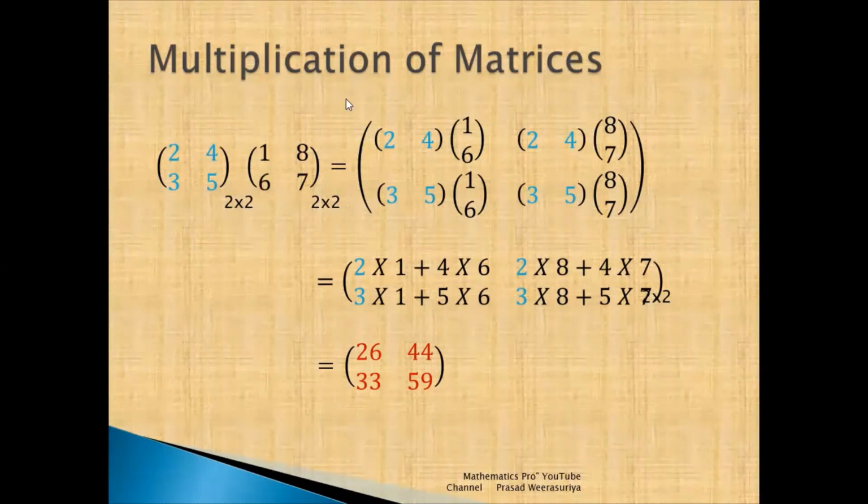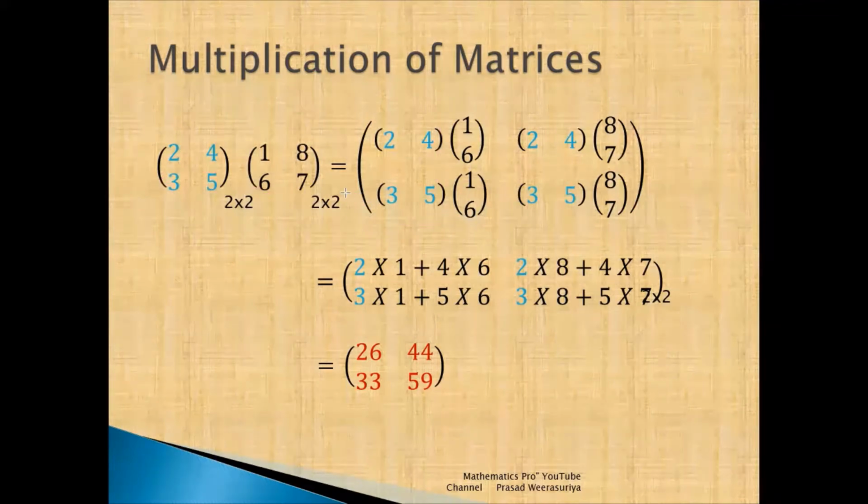In order to get the first row, second column element of the resultant matrix, you should multiply the first row again in this matrix and the second column of this matrix, like this. If you want to get the element in the second row, first column of the resultant matrix, you should multiply the second row of this and the first column of this. Here you get it.